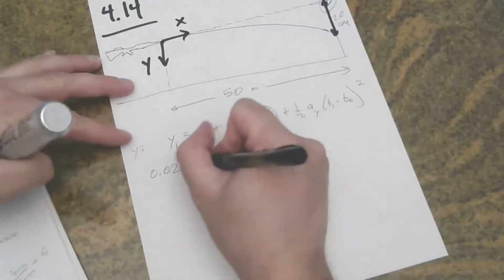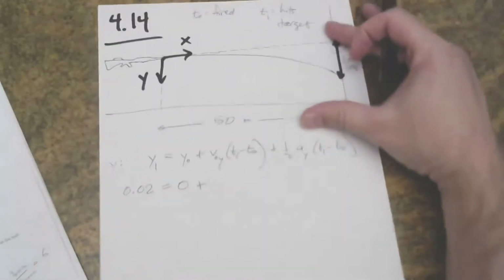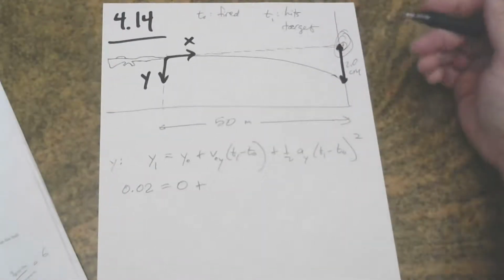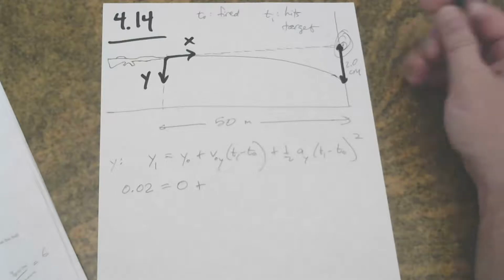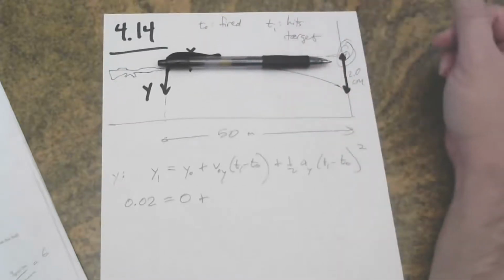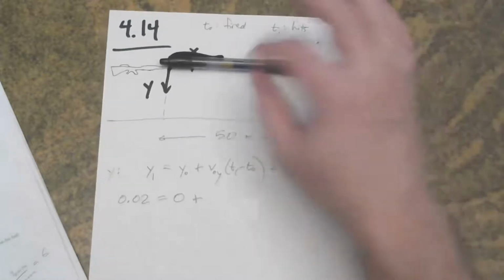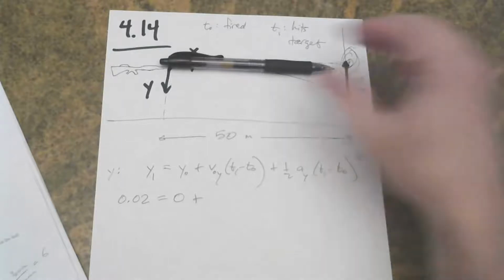of a meter is an initial y-coordinate of 0 plus, and then here's where you have to infer something. They didn't actually say that the initial y velocity is 0. They didn't tell you that. What they did tell you is that the velocity is horizontal at first. The gun is fired horizontally, which means that the initial y velocity is 0.